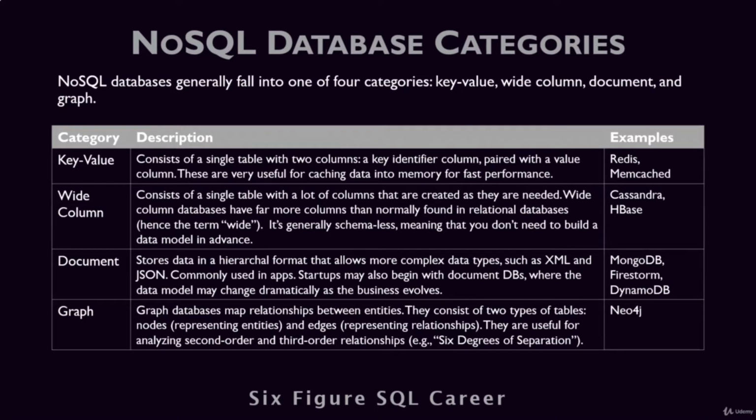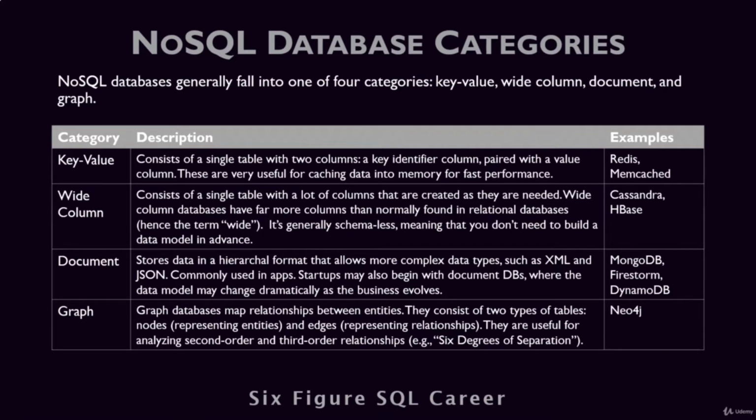A lot of startups will often begin with a document database, because with a startup, their application and business model is evolving very rapidly, so the data model also has to evolve very rapidly.